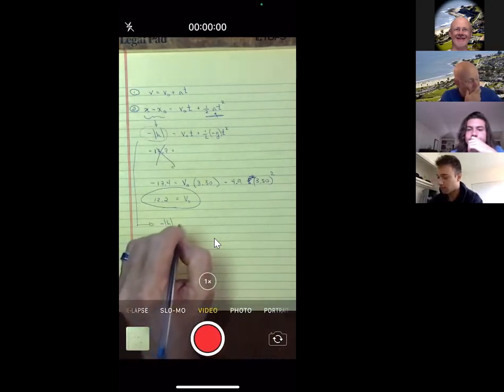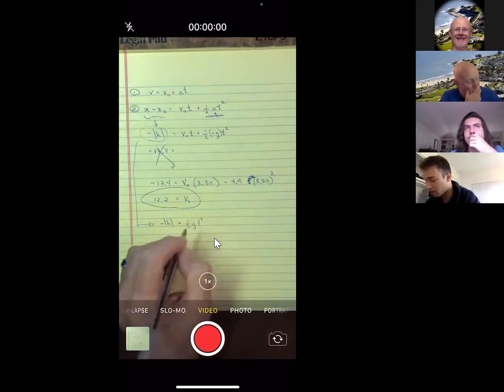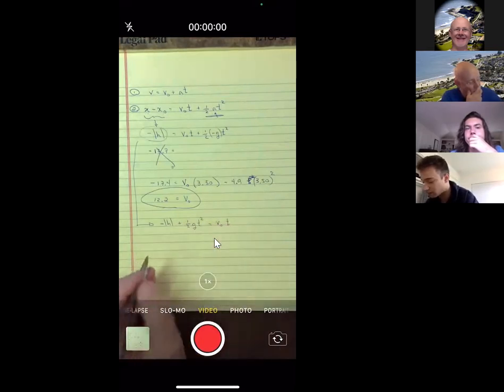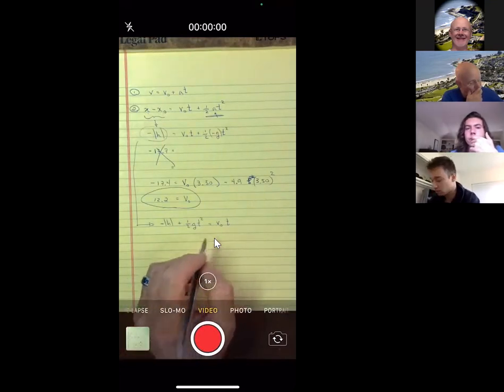I think it's the H, but then when I plugged in my value for H, I plugged in negative 17.4. I don't know. I think it definitely has something to do with the signs, though.